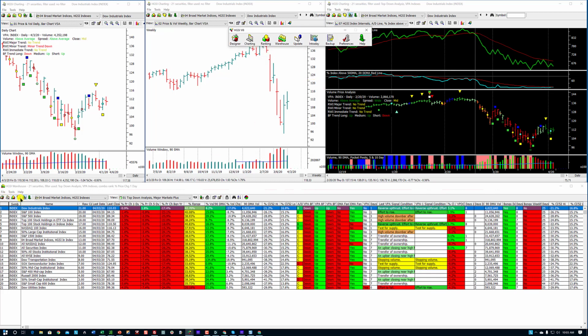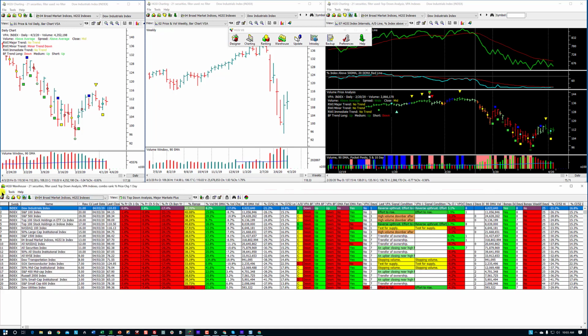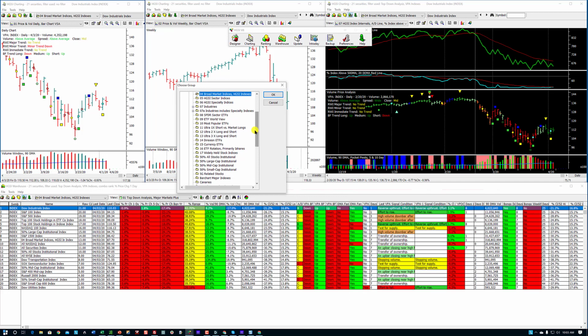Now, where I use this is down here in the broad market indices. Let me just do the choose group so you can see this. And this works with HGSI generated indexes. It doesn't work with other indexes.